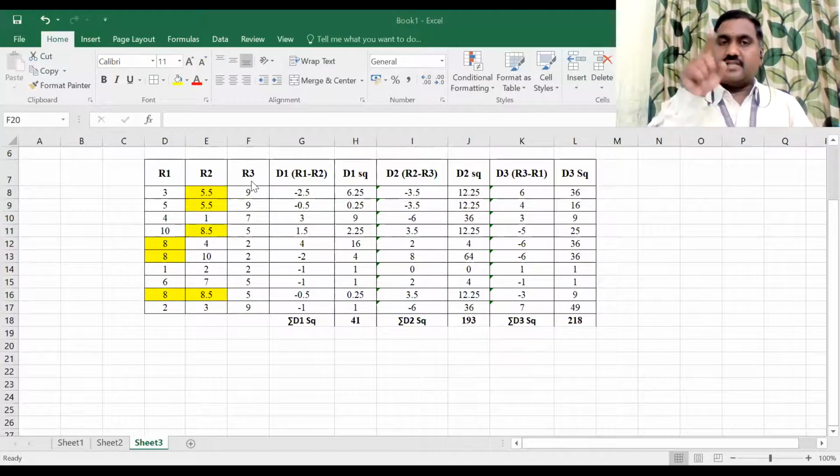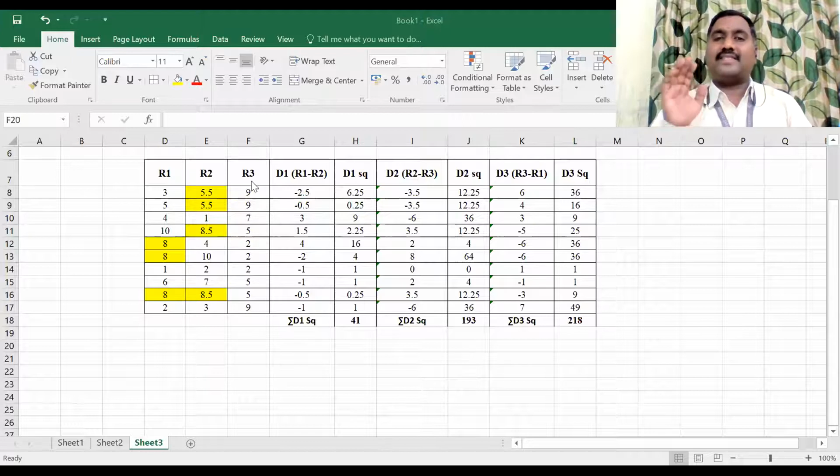So 1 minus 6 into summation d1 square plus 1/12 into m power 3 minus m plus 1/12 into m power 3 minus m plus 1/12 into m power 3 minus m, divided by n power 3 minus n, you have to write, because 3 numbers are repeated here. Now what is the m value for the first 1/12 into m power 3 minus m?